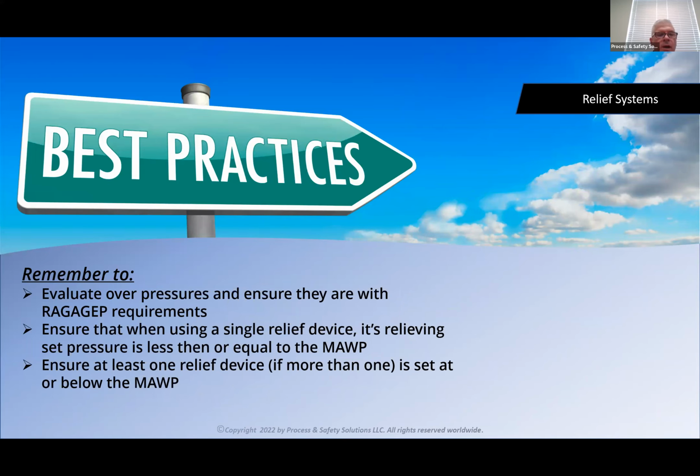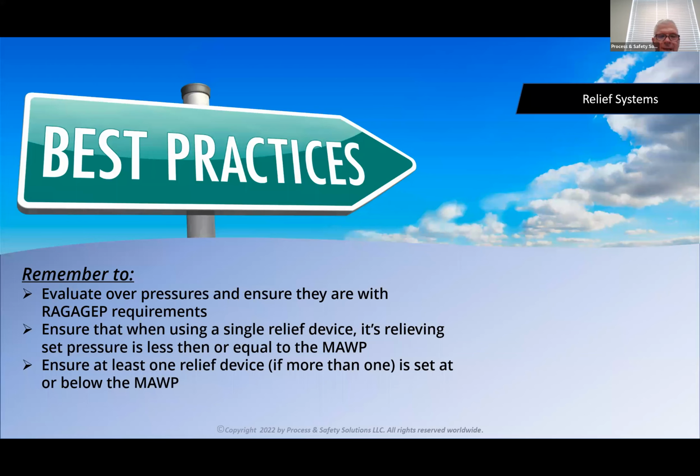Remember to evaluate overpressures and ensure they are within the regulatory requirements. Remember, I gave you a chart, the ASME requirements for overpressures that cannot exceed 116, 121, 110%, making sure that you understand the code and standard that you're using and applying, and then use it correctly.